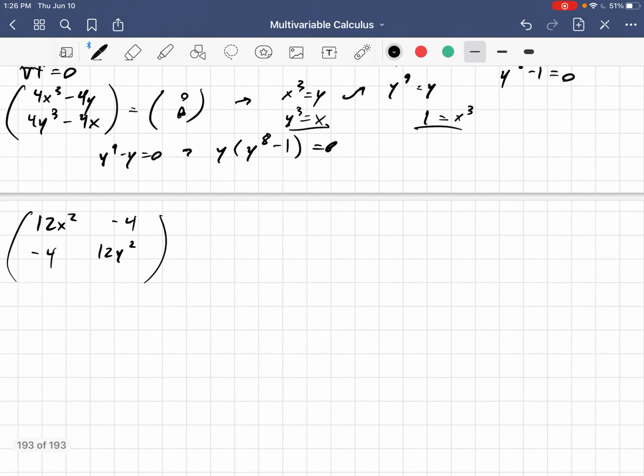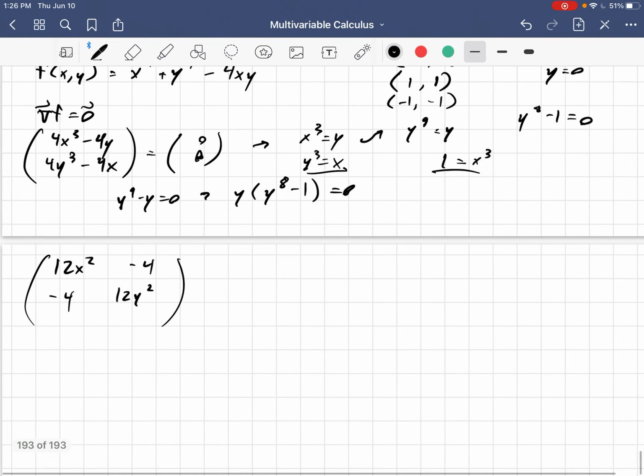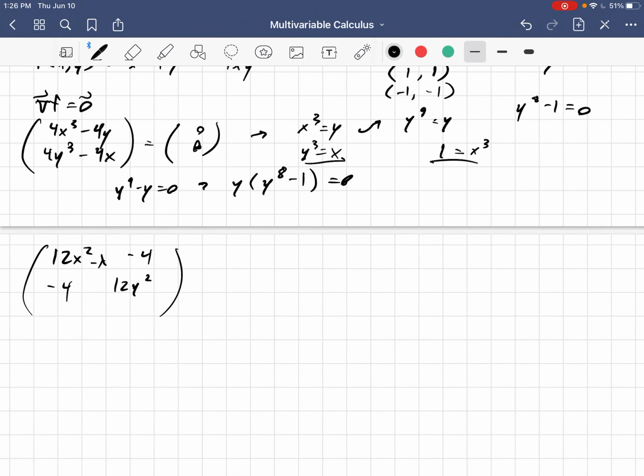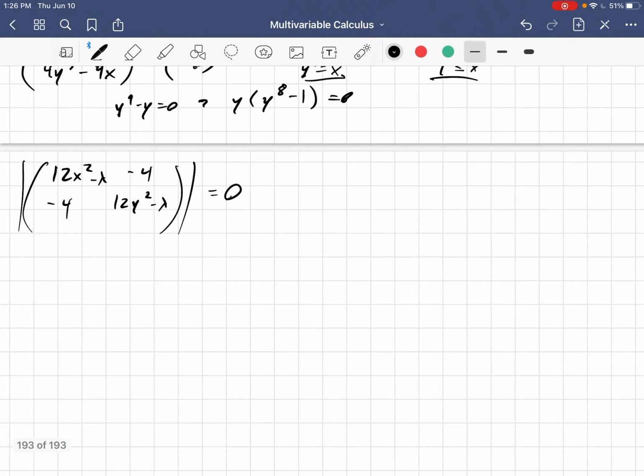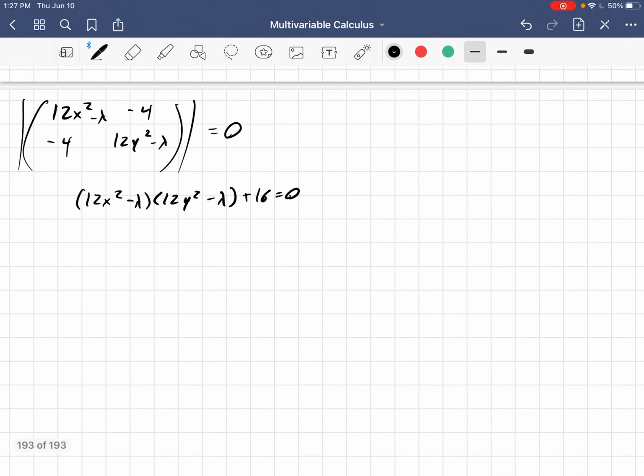So the eigenvalues of that matrix: I just subtract lambda along the main diagonal, take the determinant of it, and set it equal to 0. Really very simple. So (12x squared minus lambda) times (12y squared minus lambda) plus 16 equals 0.